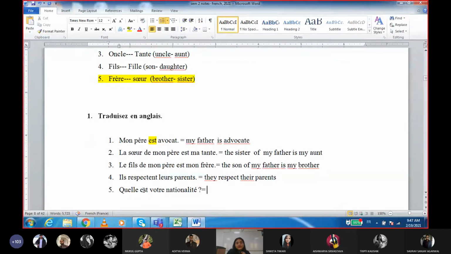Quelle, I don't know what it is. Est is. Votre is your, one of your possessive adjectives. And nationality, of course, it looks like nationality. So that's my translation for nationality. After nationality, there is this question mark, which means some question is being posed here. What is your nationality?